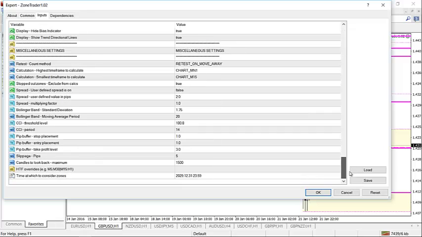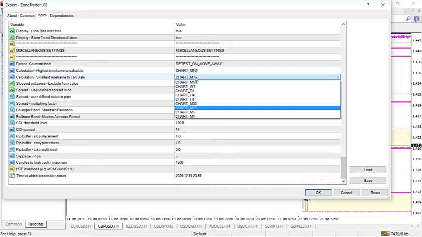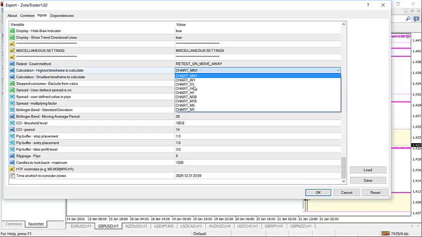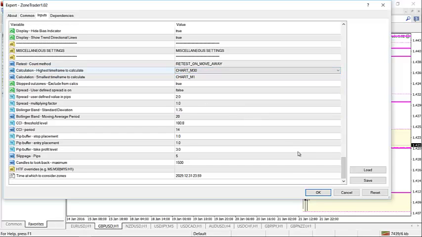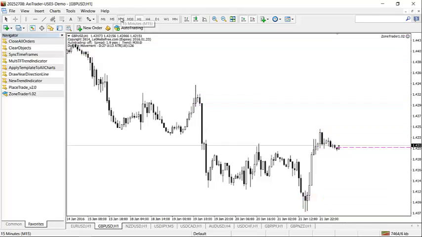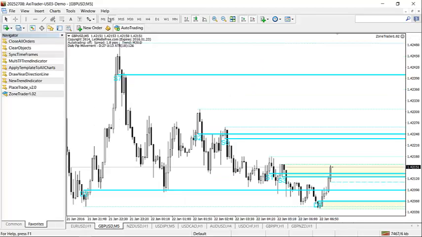I'm going to calculate the 1 minute zones, up to 30. Okay. We calculate the zones. These ones should disappear.